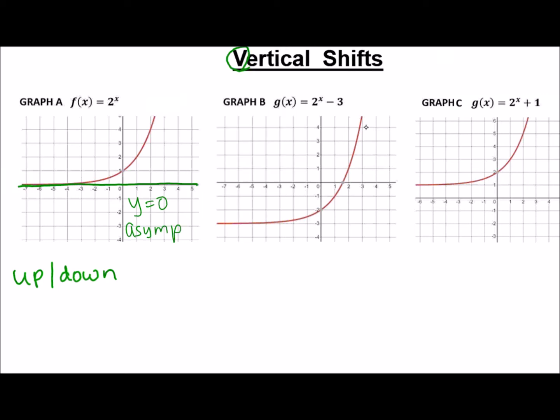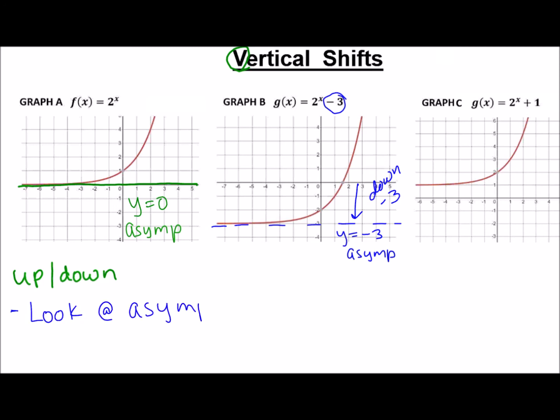But how about this next one over here? His asymptote. Well, riding along the graph, all of a sudden I hit a wall. Right there, my new asymptote is at y equals -3. So my asymptote has changed, and it has gone from 0 down to -3. And if you notice up here in the equation, we put a little -3 at the end of it. That's another way of telling. So for your vertical shifts, look at the asymptotes.